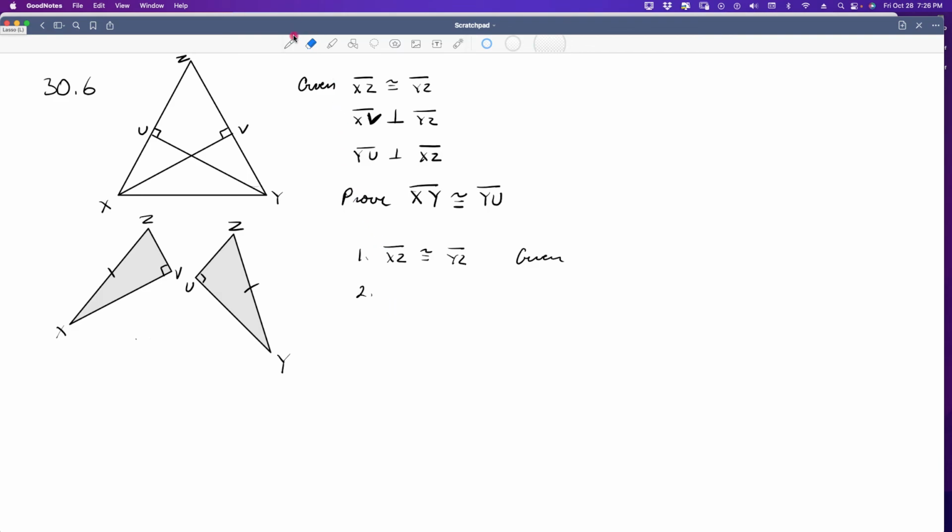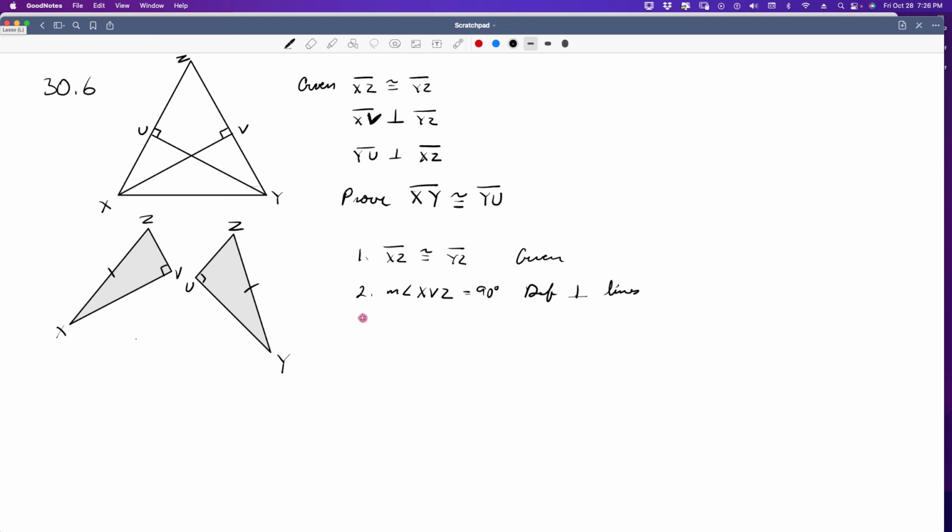The first thing I'm going to do is I'm going to say, after my given, I'm going to expound on this and talk about my 90-degree angle. So the measure of angle XVZ, remember the vertex is always in the middle, is equal to 90 degrees, and that is the definition of perpendicular lines.